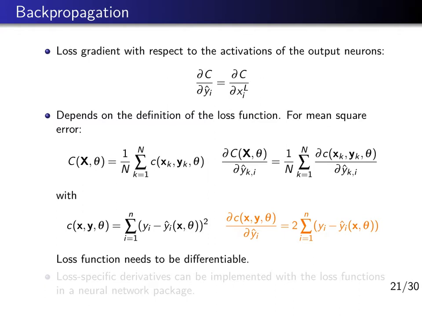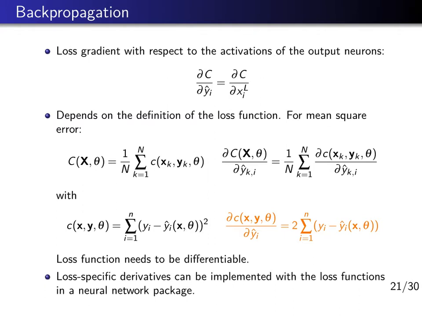It's just 2 times the sum over the differences. So the loss function needs to be differentiable, but then we can in principle easily do this for every differentiable loss function. And all we need to do here is to do this once for every loss function that we consider and store this in our program or in our neural network package so that we can essentially just use it or apply it as a building block.